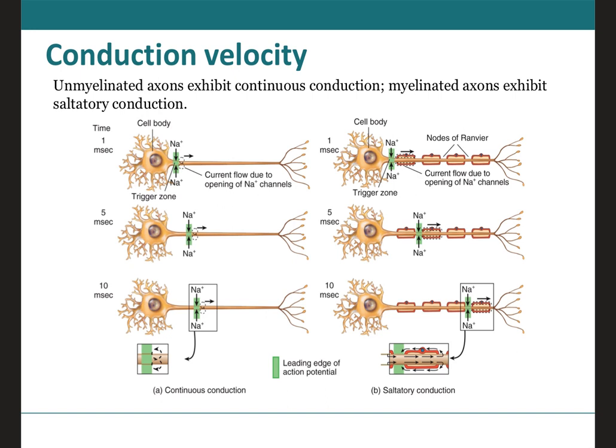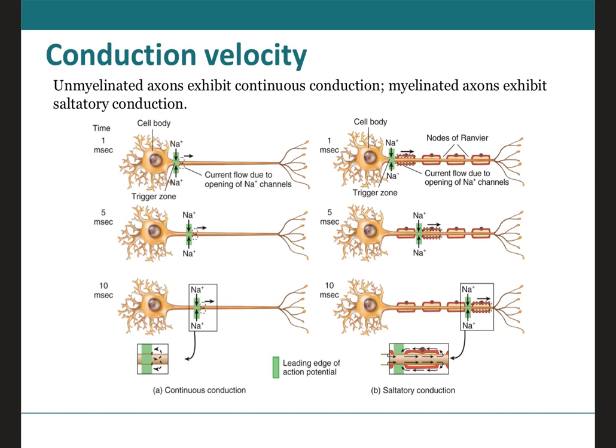With regards to the presence or the absence of myelin, the conduction of action potentials is more rapid along a myelinated axon than along an unmyelinated axon. This has to do with how the exchange of ions occurs in a membrane that's myelinated and one that's unmyelinated.